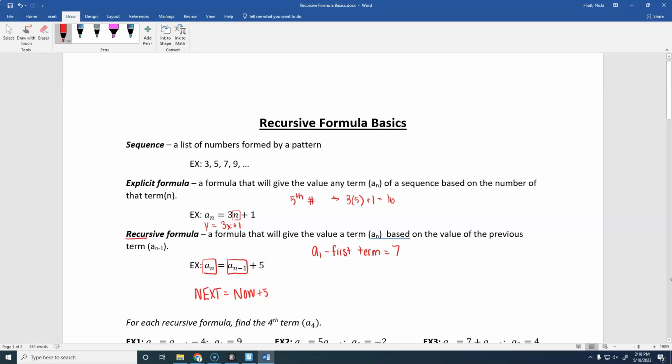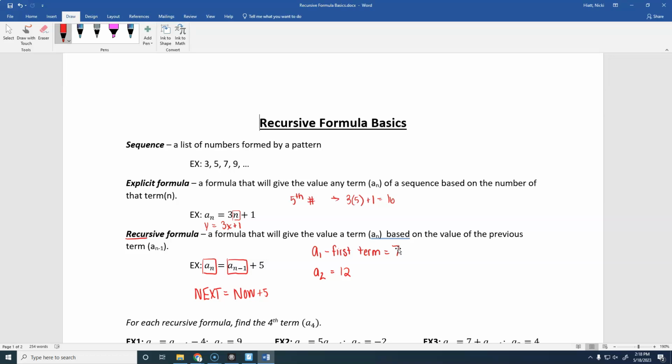If a sub 1 is 7, and I want to find the second term, my formula here is just telling me to take what I have now and add 5 to it. So I've got 7. I'm going to add 5 more. So 7 plus 5 will give me 12.